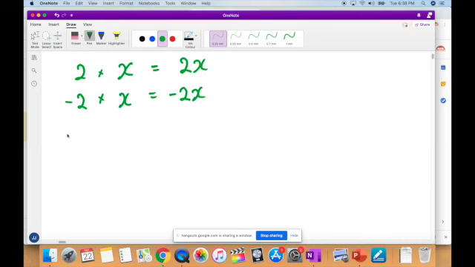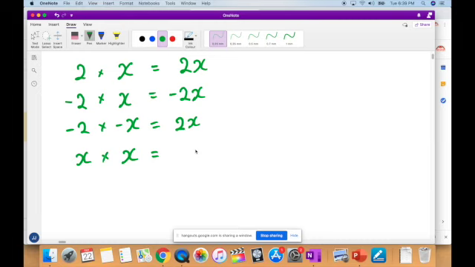So what am I going to get, Caitlin, if I had negative 2 multiplied by negative x? 2x. 2x, very good. Caitlin, try this one. What am I going to get if I have x multiplied by x? Nope.